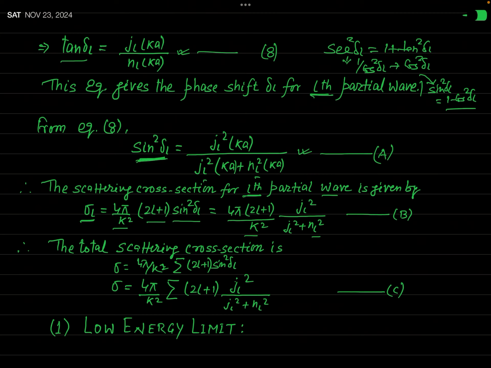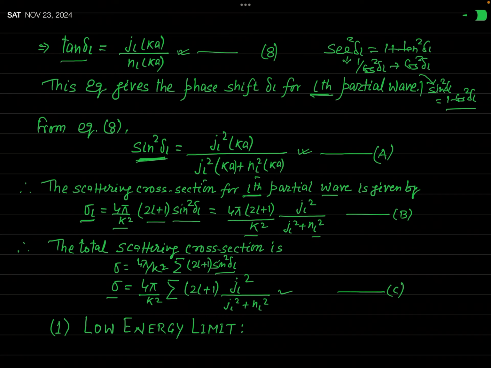But you have seen that sine square delta L is equal to this much, so the total scattering cross section is given by this result. Okay. So in this way, you can obtain the total scattering cross section. Now, from this equation, you can see the cross section at all energies may be evaluated.